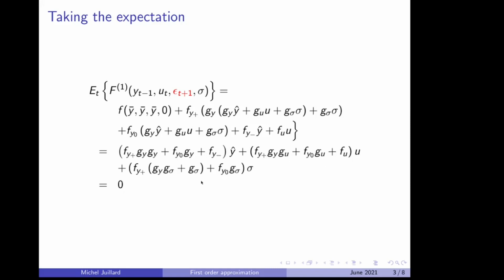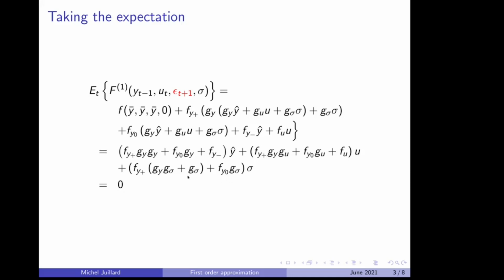So now I have an expression in y hat, u, and sigma that must always be equal to 0, whatever the value of y hat, the distance I was in the previous period from the deterministic steady state, whatever the shock in the neighborhood of 0 that I observe at the beginning of the period, or whatever the stochastic scale of the model.